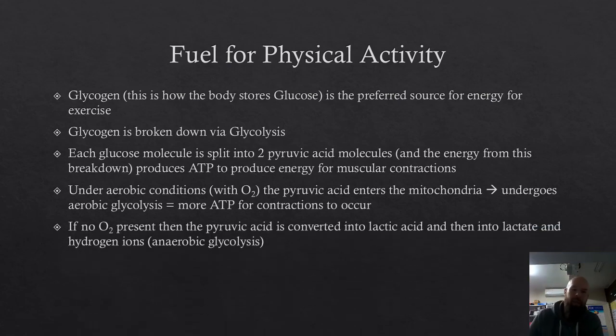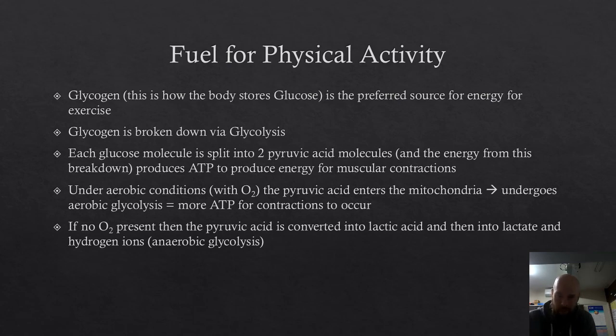But if you don't have oxygen available, because the aerobic energy system takes a long time to be the predominant energy supplier. It doesn't just flick on like a light switch and the body starts working aerobically. Even though you're breathing in oxygen the whole time, there's a bit of a delay.